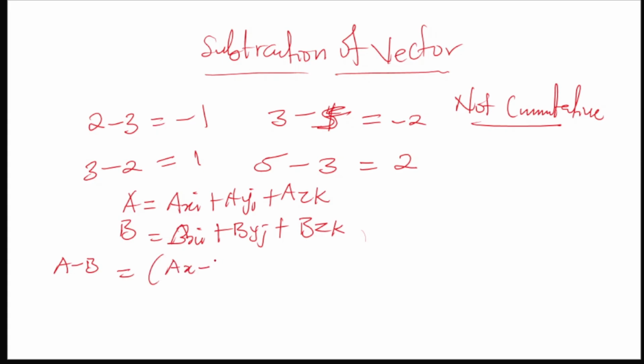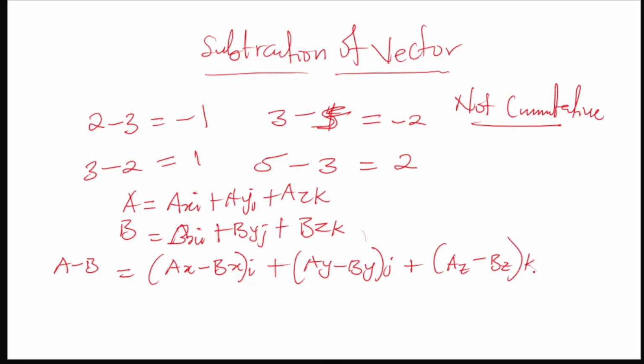A minus B will simply be (AX minus BX) all in i, plus (AY minus BY) all in j, plus (AZ minus BZ) all in k. Now, this is how you represent this. What if they now ask you, what is B minus A?